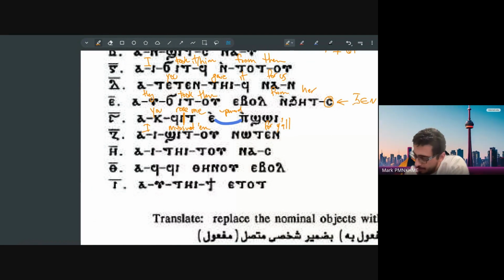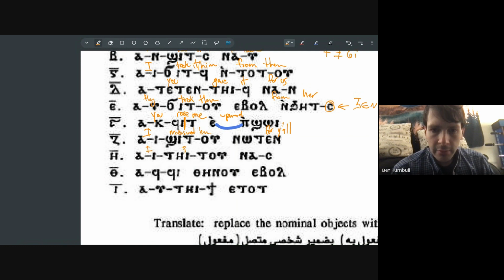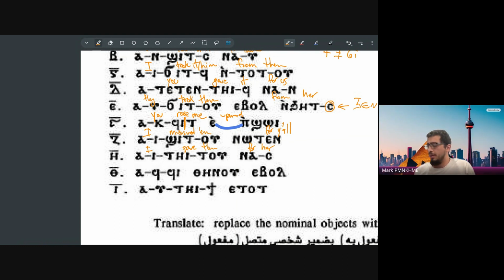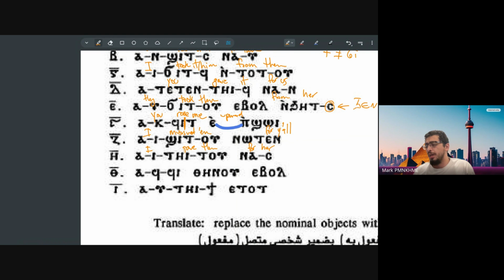That's I gave them for her. I give them to her. Yeah. Probably to makes more sense, but either way is fine. Nas would be more like for a person. For her. Okay. Because if you want to say to them, you would say ⲏⲏⲉ.